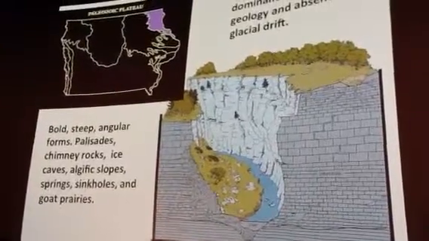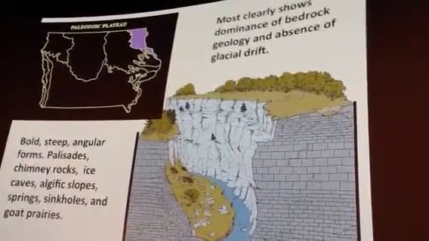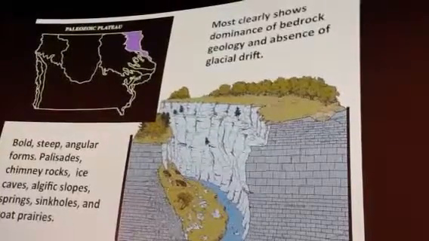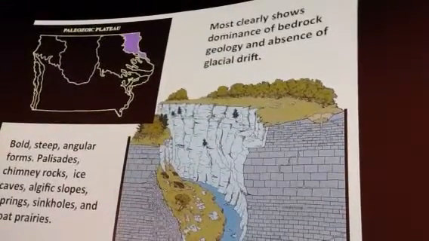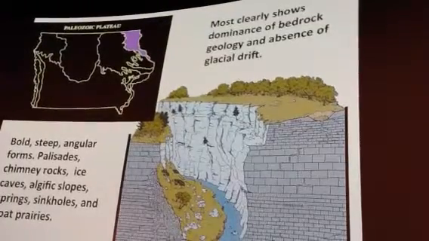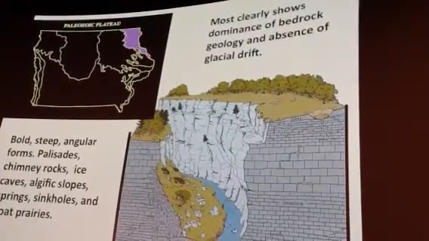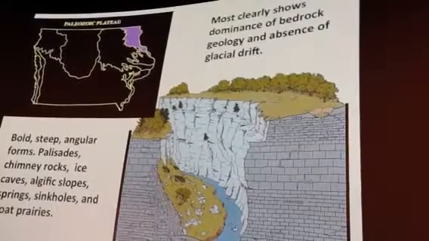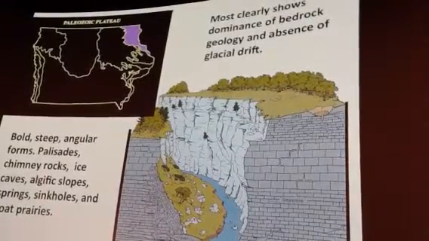We'll just move into the Paleozoic Plateau, because this is where we are now. I wanted to linger in this region. This is the next to the last region. I wanted to linger here just a little bit to show you what's significant about this area where we are here in Dubuque. This is part of the Paleozoic Plateau.